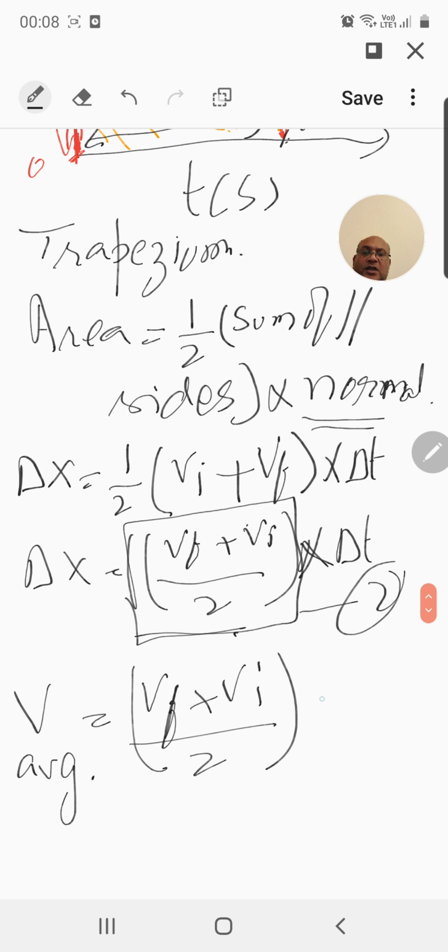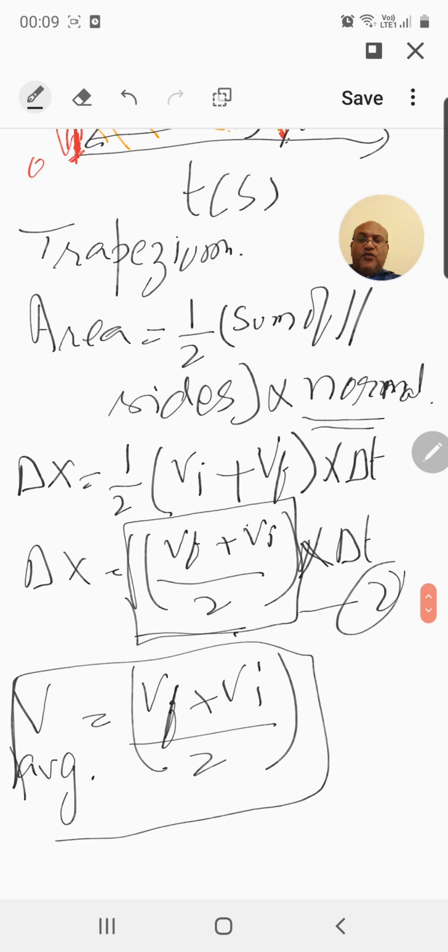Remember, you obtained average velocity from the displacement time graph in the previous chapter, right? If you have a displacement time graph, you can obtain average velocity from it. But if you don't have a graph, how do you calculate average velocity? You use this formula.